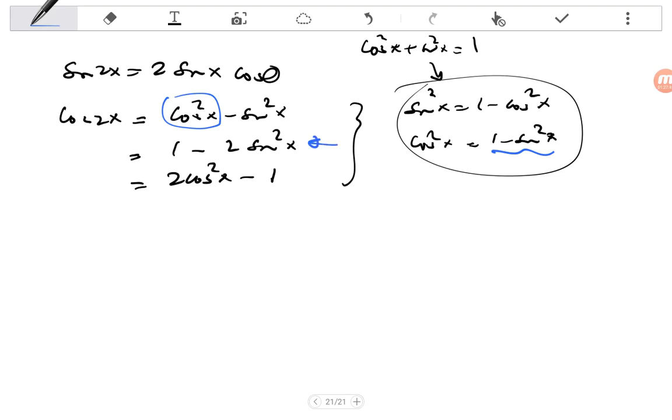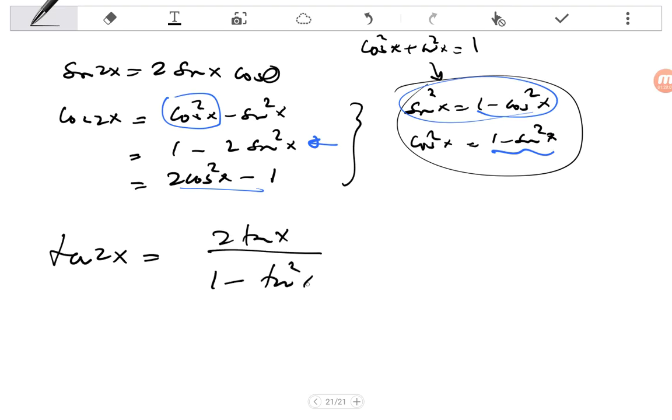If I replace the sine squared with cosine squared by this rule, I will just get that other expression. Then we have also the rule for tan of the double angle, which will be 2 tan x over 1 minus tan squared x. Okay?